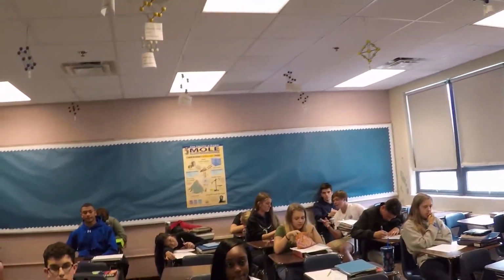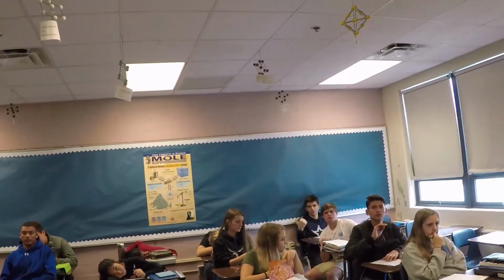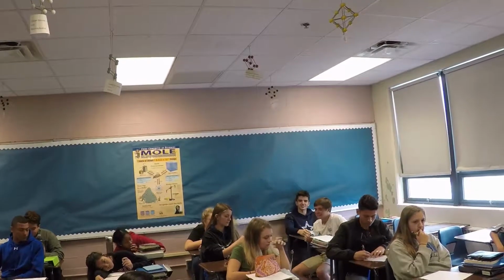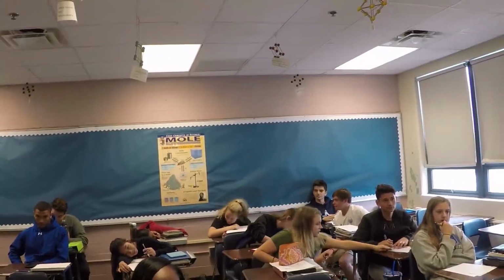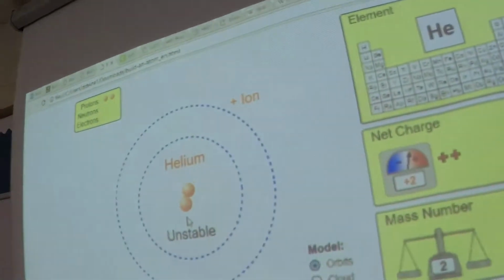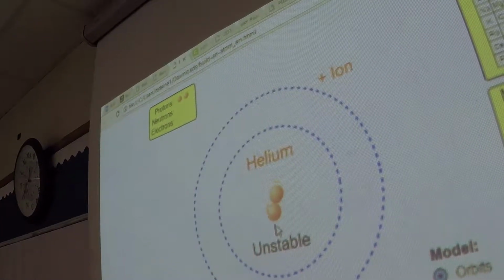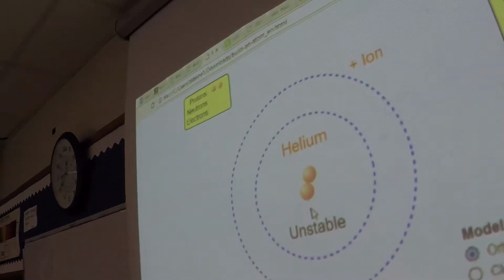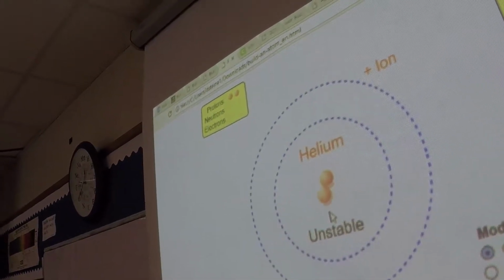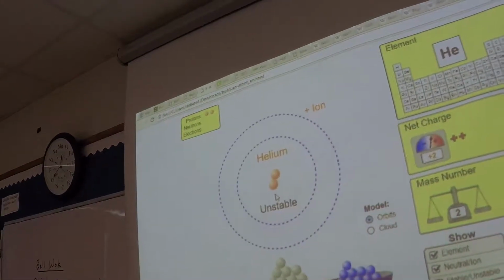Do protons attract or repel each other? Protons repel because they're of the same charge. They're like electrons, they repel. So you're seeing repulsion right here. These 2 protons are repelling each other. So you have to have the neutrons there for the pion to bond them and keep them in the nucleus. Just 2 protons by themselves, unstable.